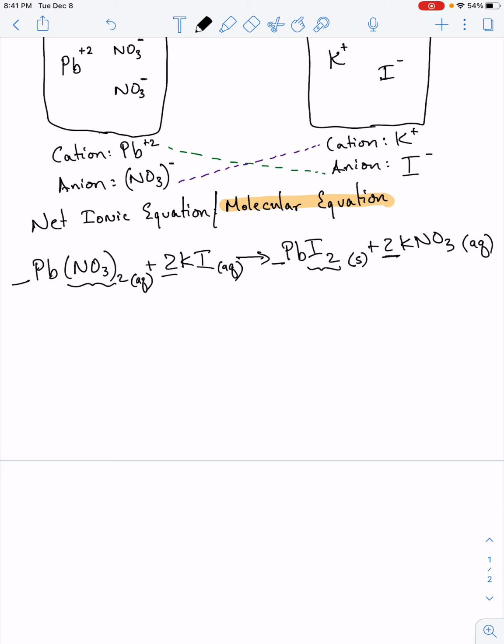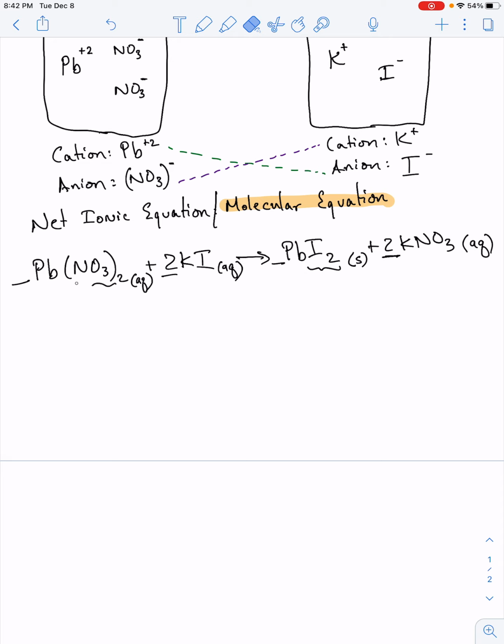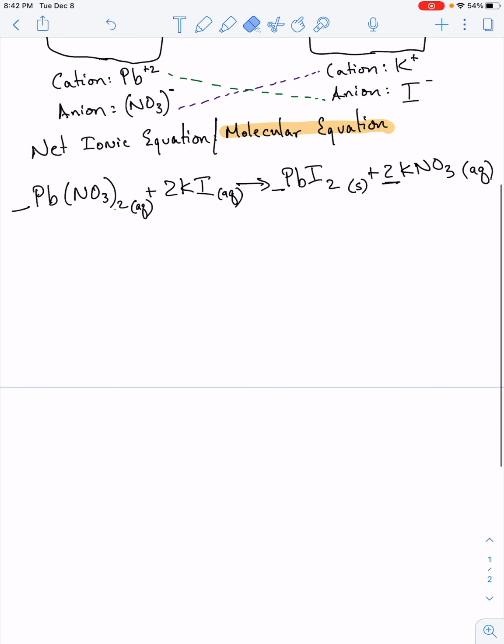Now we can start coming up with our net ionic equation. And the way I do that is to break all of these ionic compounds down into their particular components. And the reason that this step becomes pretty easy is because we've already done that in our beakers up top, right? And we just got to pay attention to one thing.